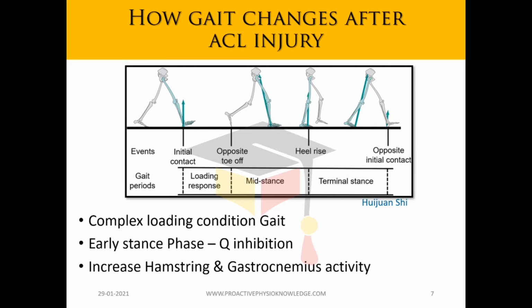In the complex loading condition of gait, the anteromedial and posterolateral bundles of the ACL are not in an isometric phase. The ACL is maximally elongated throughout the mid-stance phase and plays a major role in resisting anterior translation of the tibia.